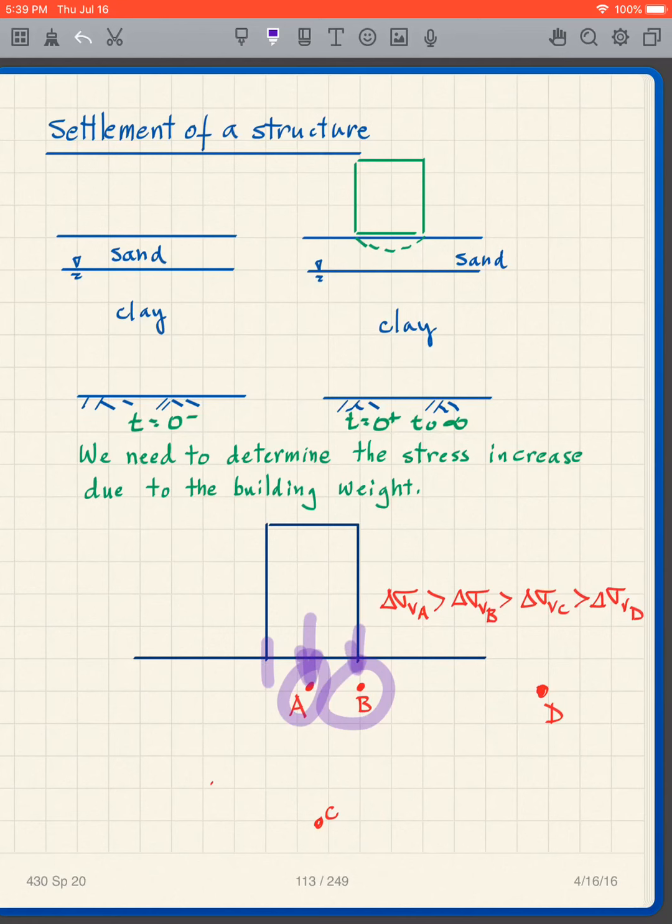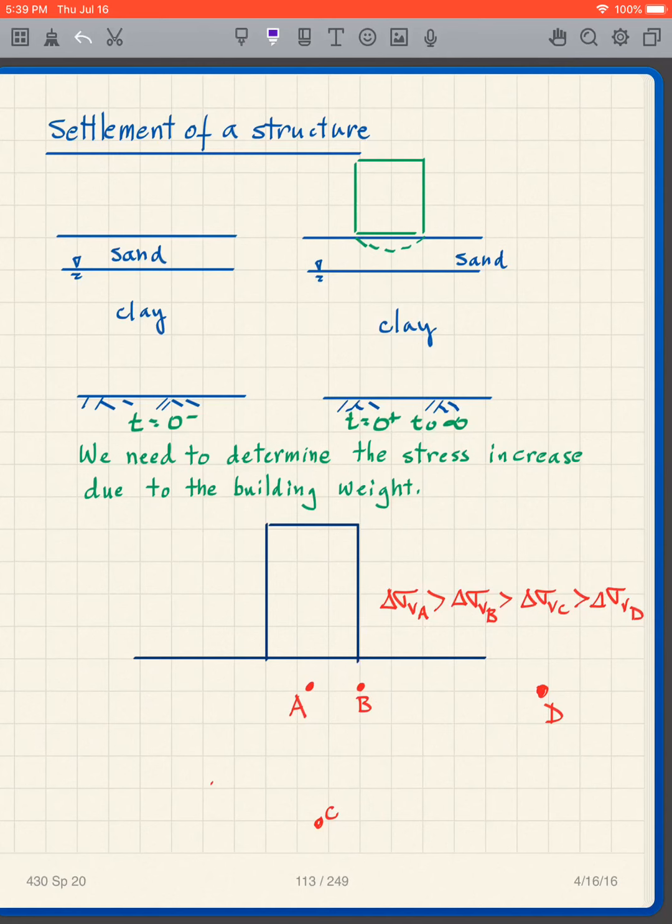Point B is below the edge of the structure. So naturally, I think from just a gut feeling and intuition, point B is going to feel less than point A simply because it's below the edge rather than below the center. So if I compare these, the delta sigma V at point A is going to be greater than B, greater than C, greater than D.